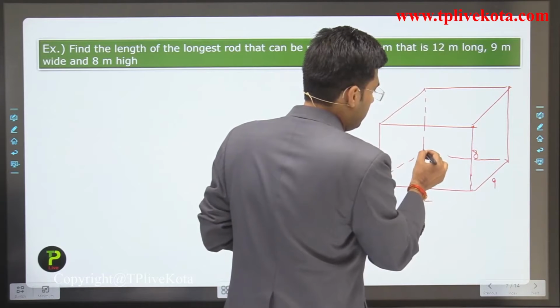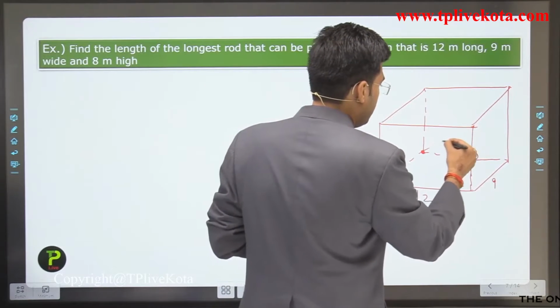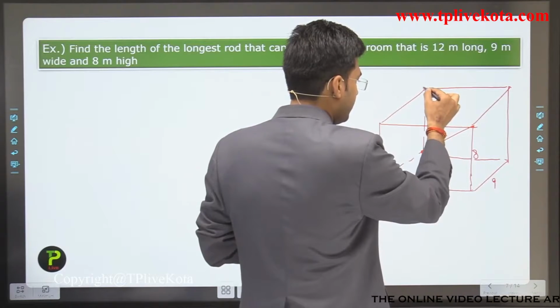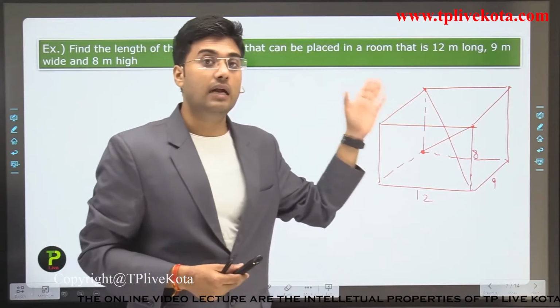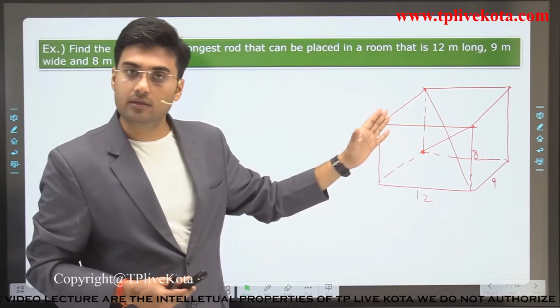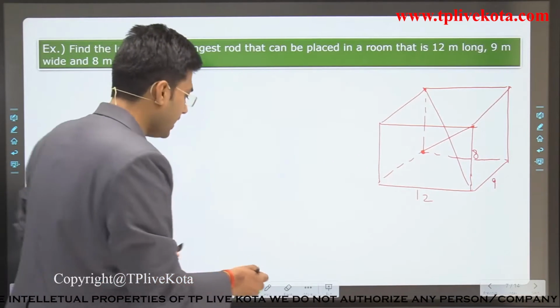Now this is the longest rod, and this is the diagonal of this cuboid. Clear?